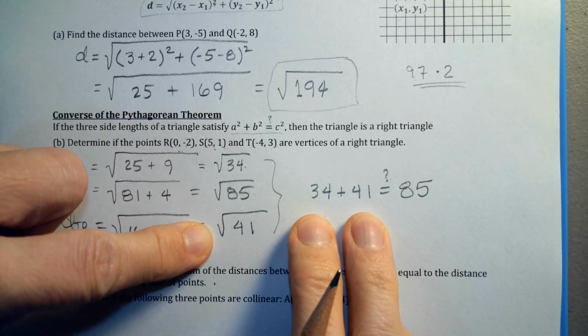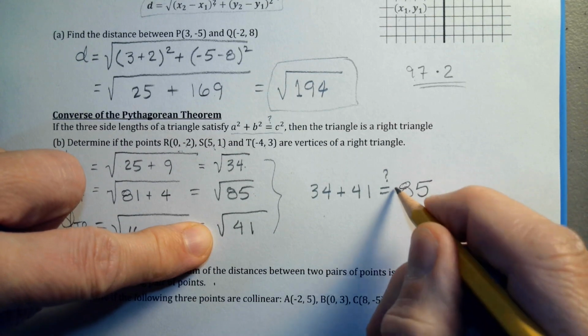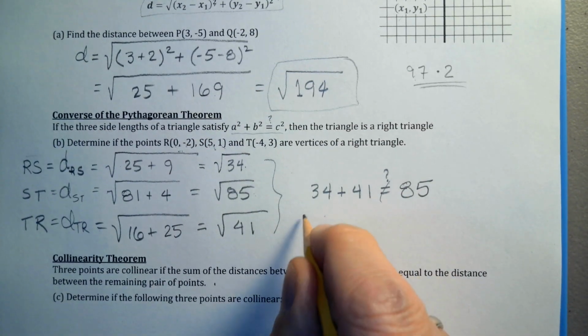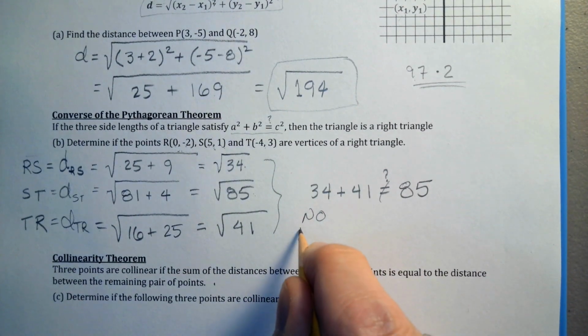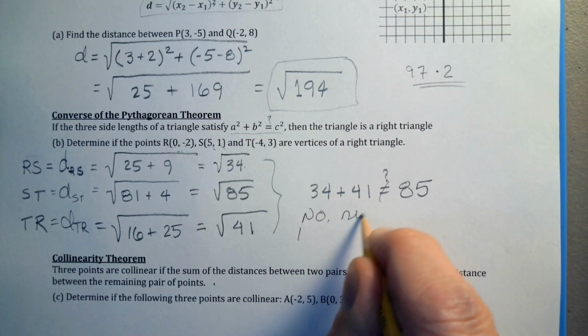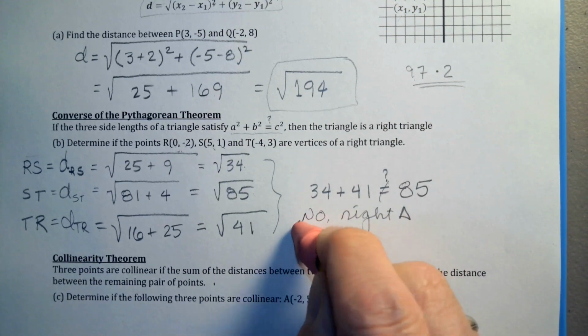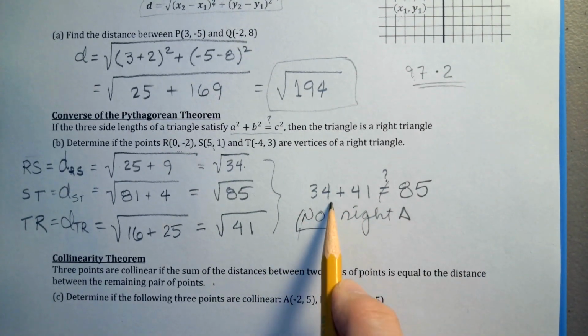And you can see that's equal to 75. So 75 is not equal to 85. So it's not equal. So therefore, no, there's no right triangle. Not a right triangle. So no. Okay.